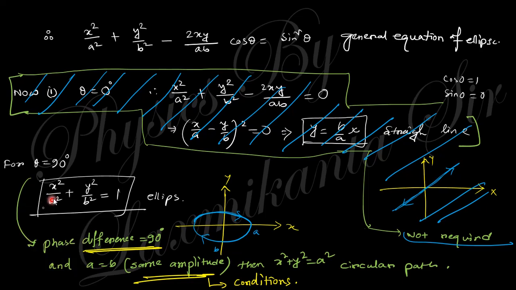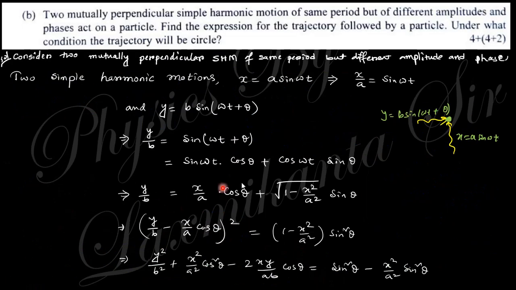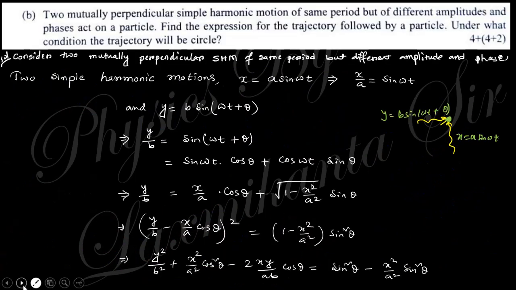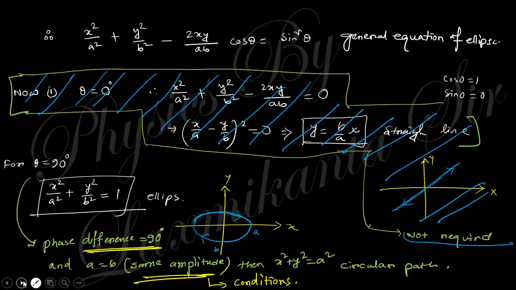Now if you put theta equals 90 degrees, sin 90 is 1, cos 90 is 0, this becomes an ellipse. When the amplitudes are the same, a equal to b, then it becomes a circular path. So the question says under what condition the trajectory will be circular. The conditions are these two: the phase difference between these two is 90 degrees and the amplitudes of these two signals must be equal. So these two conditions give you the circular path.